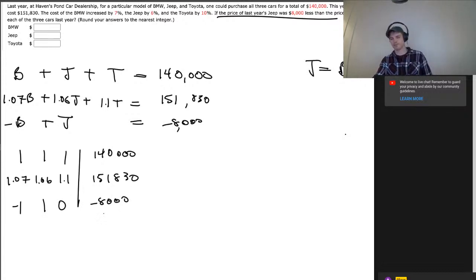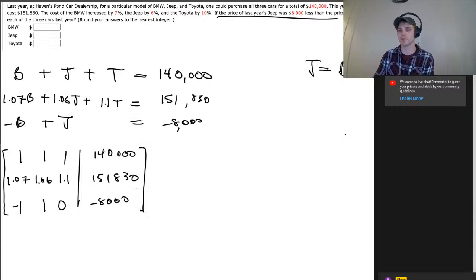Okay, so can we do anything here? So this is ugly. This is not a nice matrix. We don't like this, but what are you going to do? So what is the LCM? Let's choose 1 as our pivot, and we're just going to start eliminating everything below it with row ops.